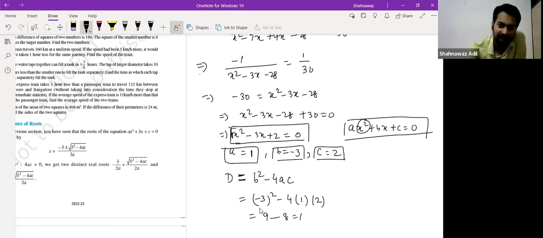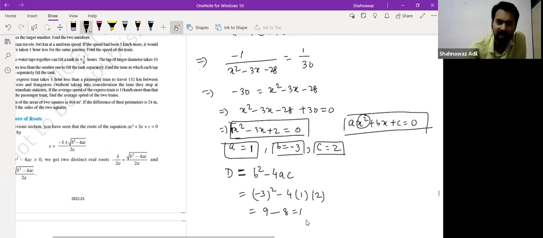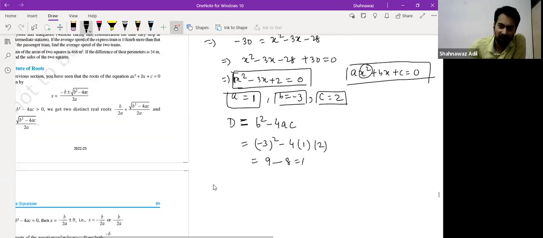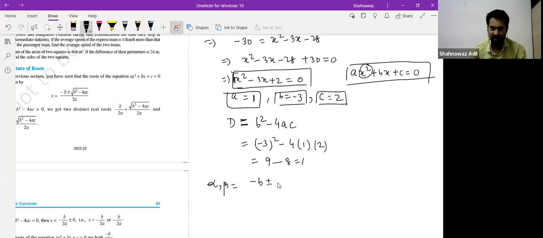Okay. Now, Adil, tell me what is the quadratic formula? Minus B plus minus root B square minus 4AC. Yes, we can write B square minus 4AC as D, right? So root D by 2A. Right, Adil?